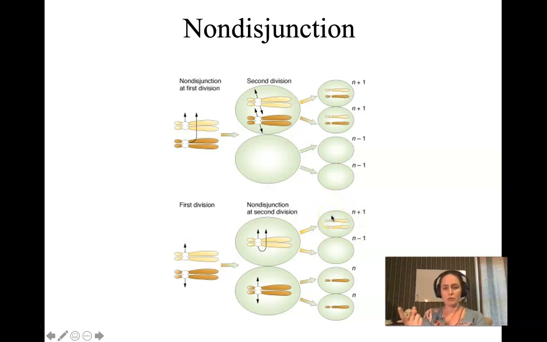Now we're only following 21, we're not following 1, 2, 3, 4, 5, we're not following 23, which is XY. The rest of those could be totally normal in this scenario. Those could be typical. It is just this autosome 21 that we are looking at, that you ended up with 3 copies with. That's actually called trisomy 21, and that's what Down syndrome is.